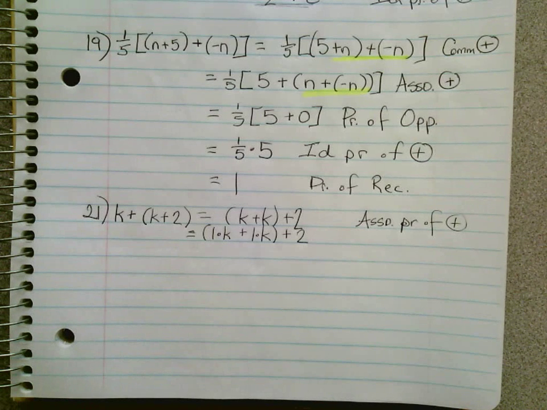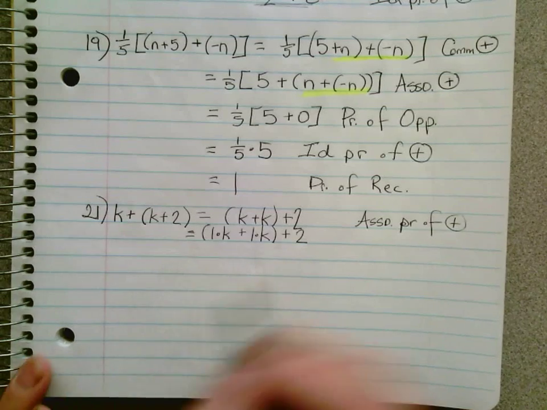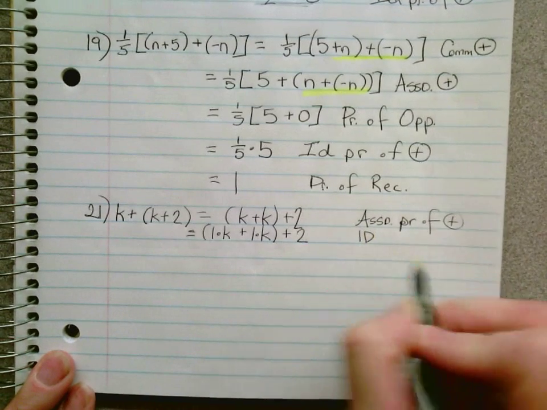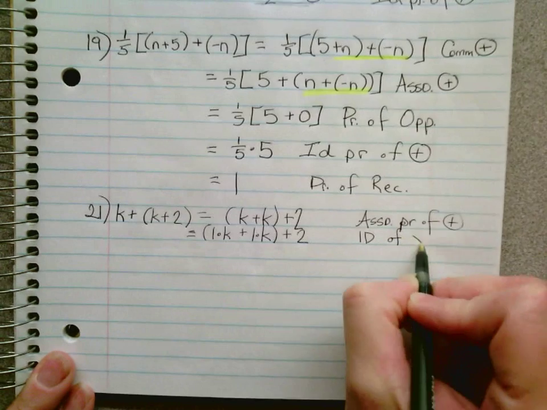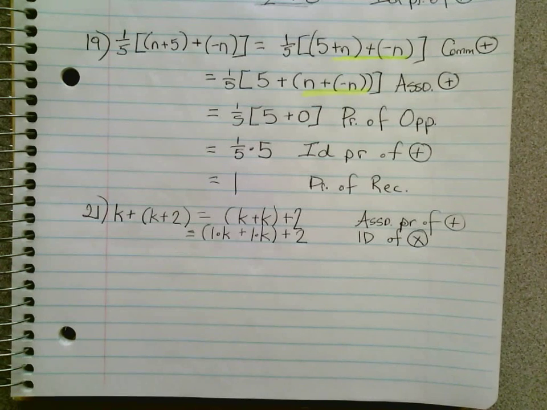What they're trying to lead you to is the fact that by multiplying something by 1, you still have the original something. The reason they're making this an issue is going to be more clear in the next step. This is the identity property. The identity property states multiplying by 1 is okay.